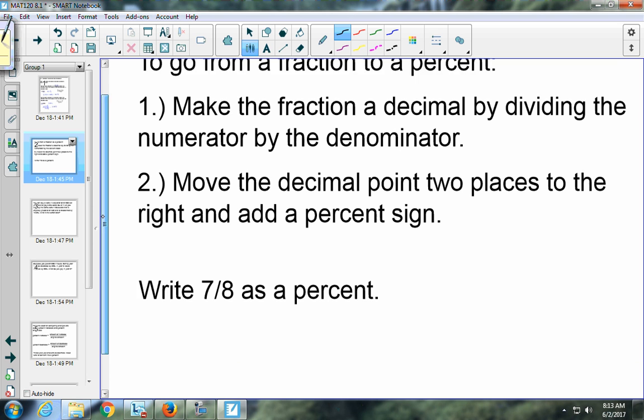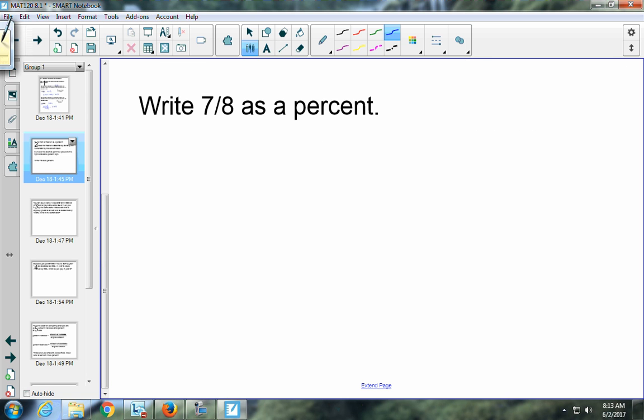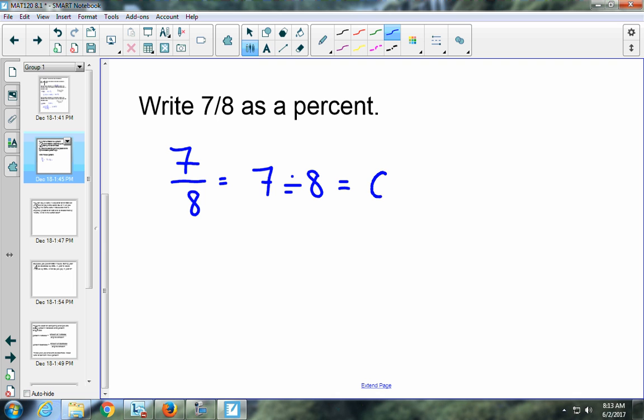So if we want to write the fraction 7/8 as a percent, following those steps, the first thing I'm going to do is my numerator, 7, divided by my denominator, 8. When I plug that into my calculator, I get 0.875.